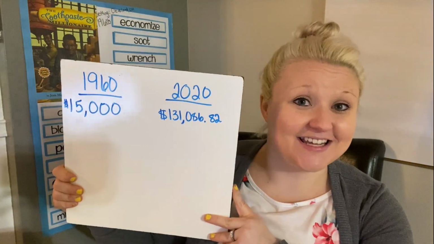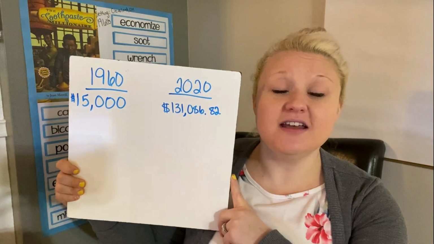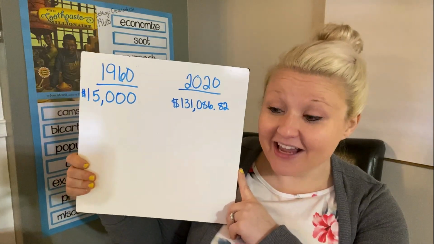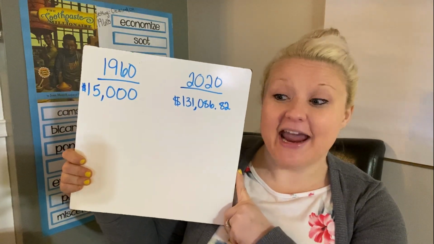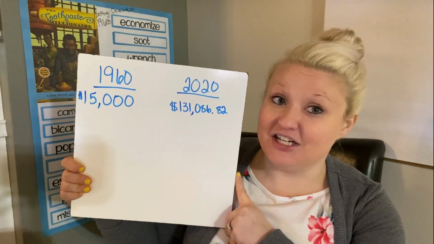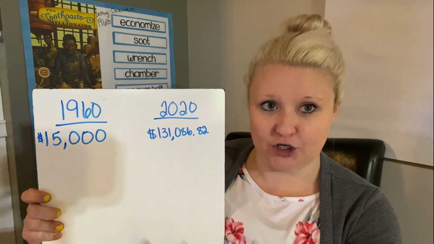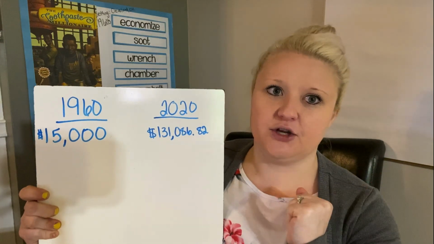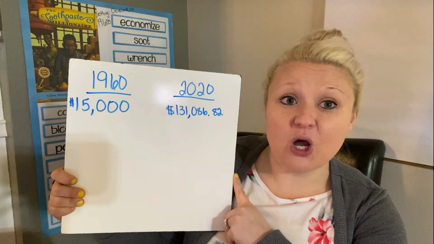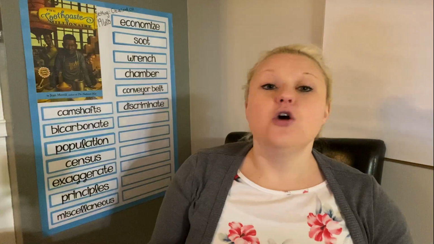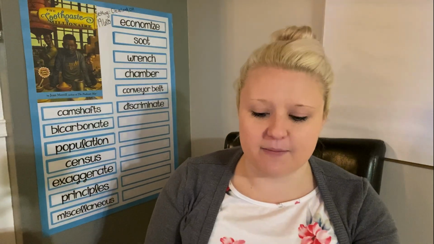So in 1960, $15,000 is the equivalent of today $131,086.82. To figure this out, I used an inflation calculator to find the difference between the value of the money in the years. So that's a big difference. We're going to get back to the story. I just had to stop there so you can get an idea of how much money we're talking about back in 1960.